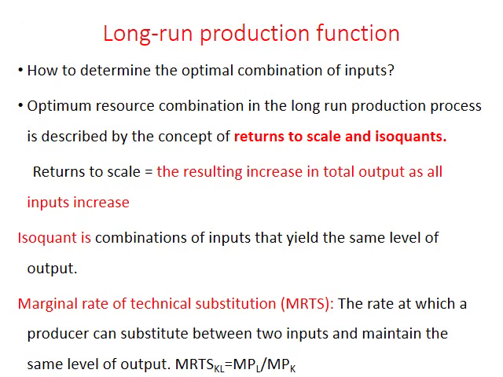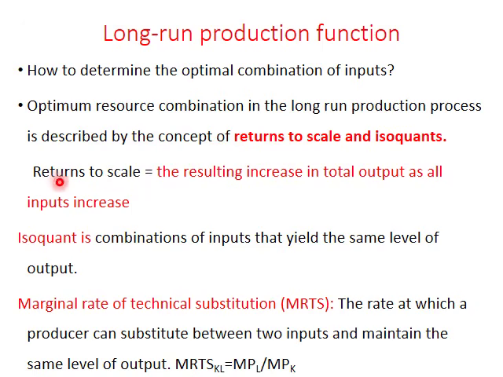In order to determine the optimal combination of the inputs, there is a concept called returns to scale. Optimum resource combination in the long-run production process is described by returns to scale and isoquant.